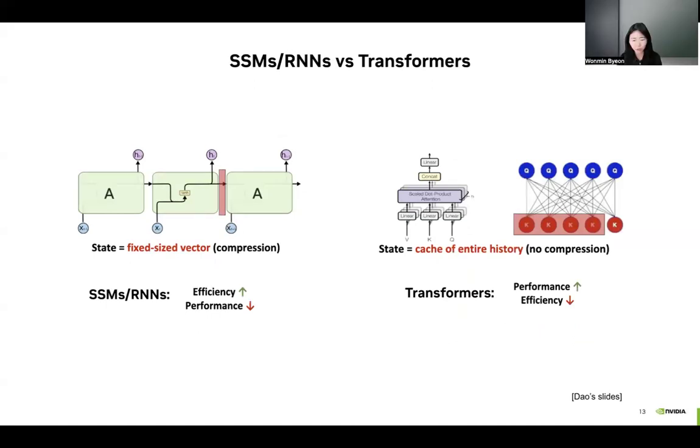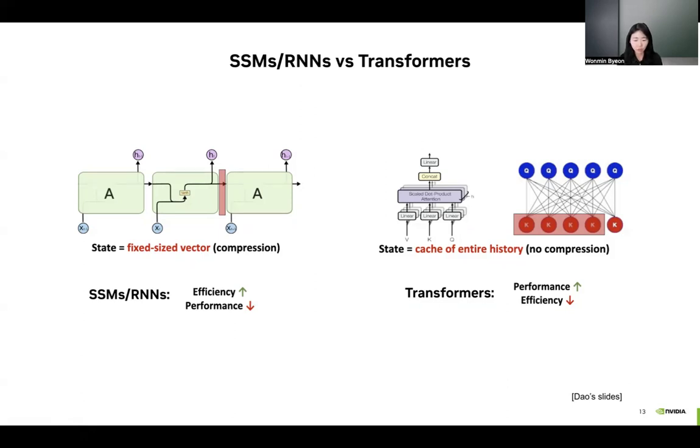And there is another difference. Compared to transformers, the state space models, SSMs or RNNs, have a fixed state. It's a fixed-size state vector, and it contains the entire history, which is compressed in this small vector.